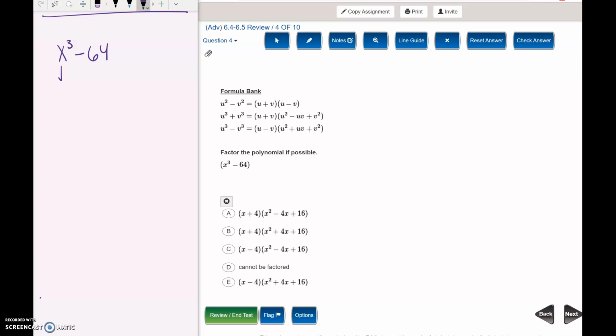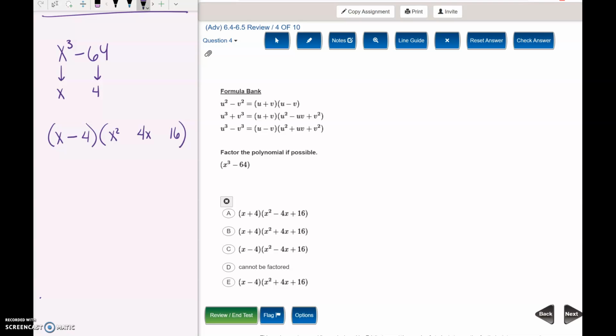X cubed is the perfect cube of x. 64 is the perfect cube of 4. So everywhere that you see a u, you're going to put x. Everywhere you see a v, you're going to put 4. So it's x, 4, x squared, 4x, and then 4 squared, which is 16.